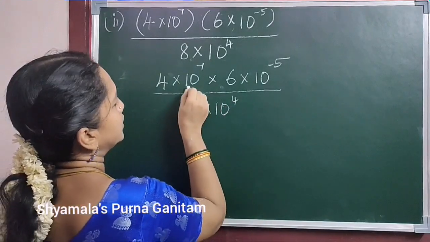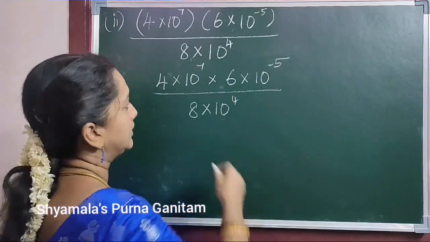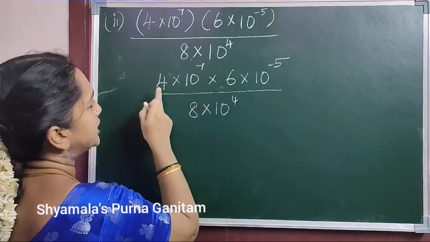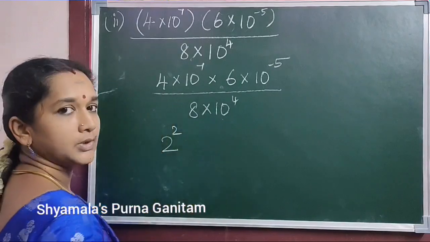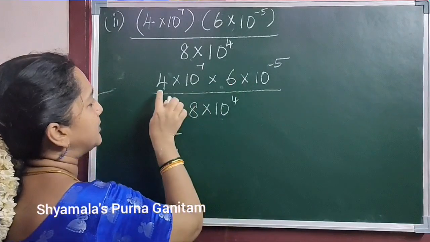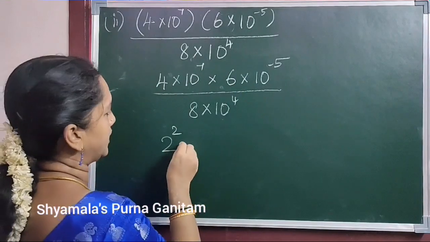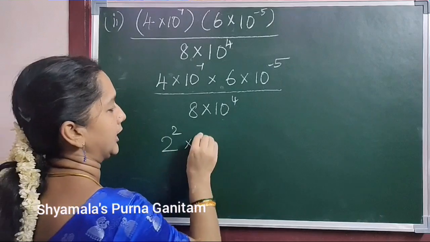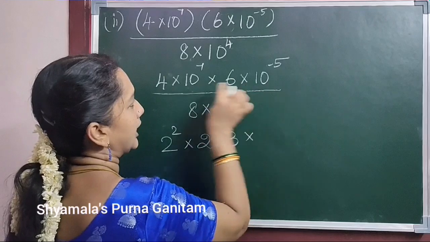Whatever common base you have, that can be separated. Here you can write 4 as 2 power 2. This 10 and all we will keep as it is. This 4 and 6, we will write in terms of 2 and 3, whatever you are getting, accordingly you will write. So this 6 you can write as 2 into 3.